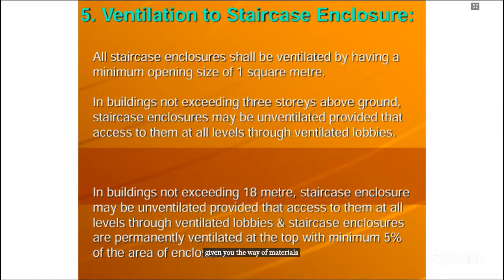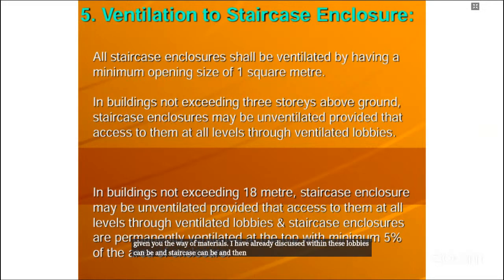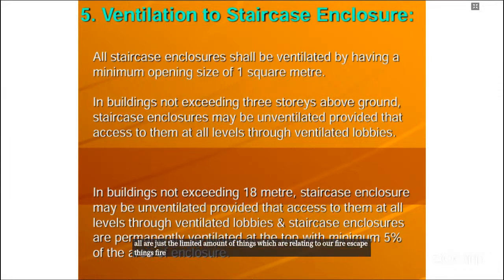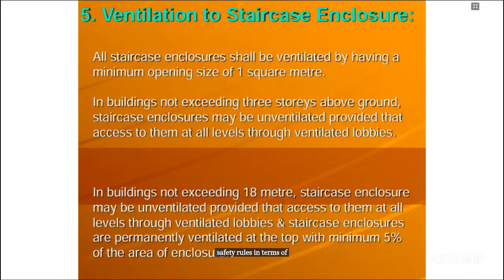I have already discussed these lobbies, staircases, enclosure formation, the formation of steel structures, and the formation of different types of brick structures also. So these are just the limited amount of things relating to our fire escape and fire safety rules, in terms of designing our platforms towards the built environment, right? Next, please.